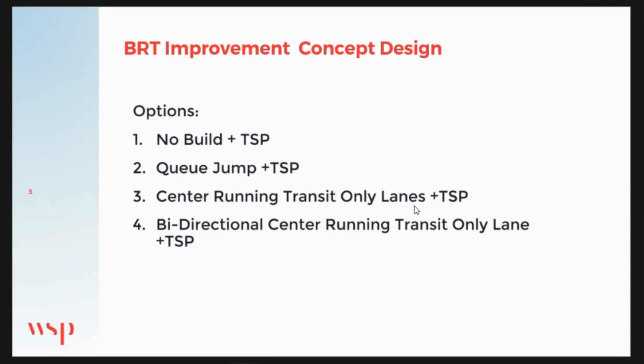The no build would be the default network with no dedicated bus lane, and the queue jump doesn't have a bus lane, but we have queue jump lanes at those signalized intersections. The third one would be the center running two-lane BRT bus lane we just discussed, and the fourth one would be the bi-directional one. We modeled the different types of alternatives, and we can compare how they work.